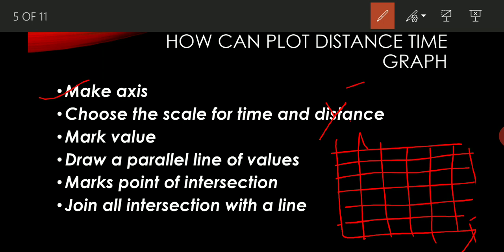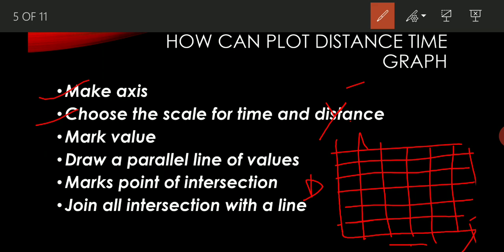Now choose the scale for time and distance. As you all know, on the y axis we show distance and on the x axis we show time. We have just made the axes x and y, and on x we have denoted time and on y we have denoted distance. Clear?